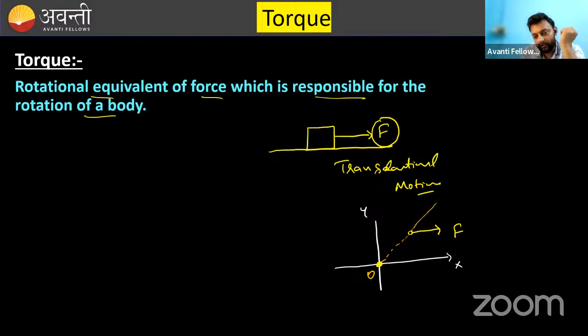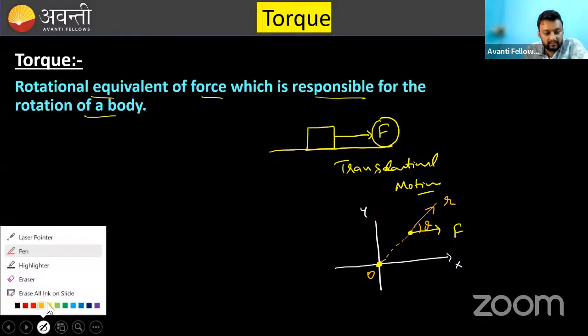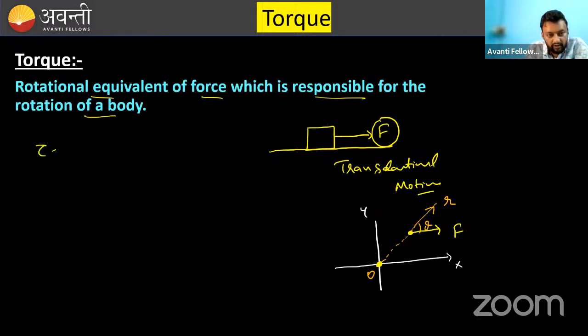This is the point where the force is applied, and this is the origin, and the line joining them is known as R. Let's suppose this angle is theta. So torque is defined as R cross F.